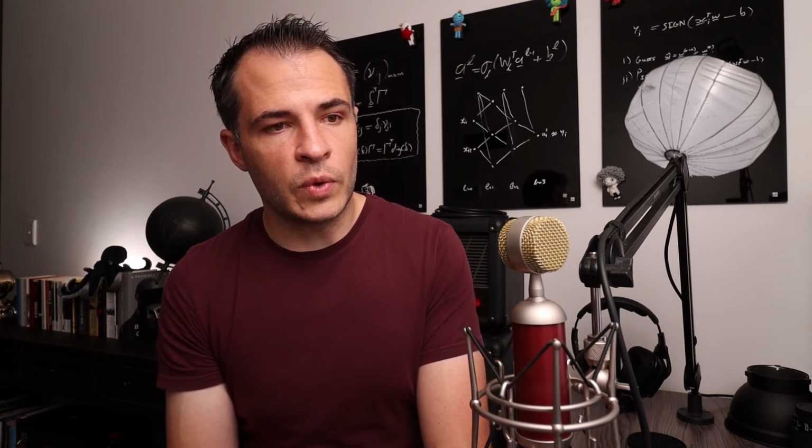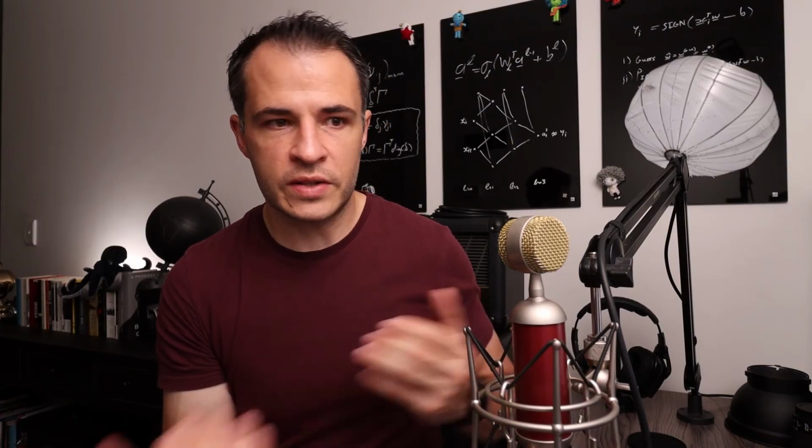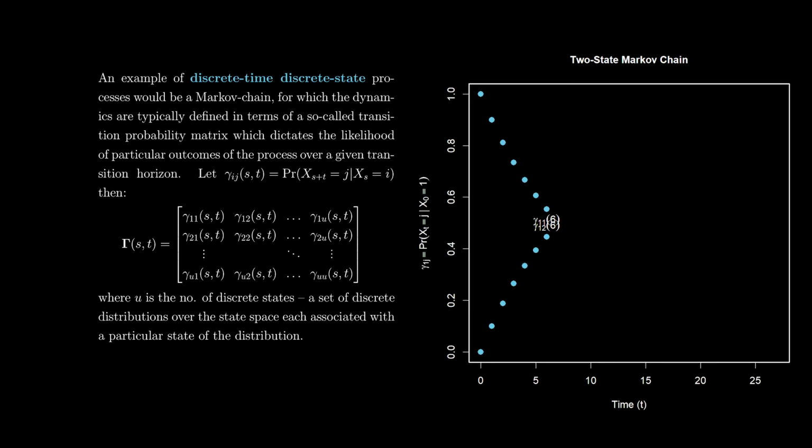So to give you a feel of what these objects represent, we can plot the transition distributions for the examples I've mentioned earlier. So in the case of a Markov chain, the distribution resembles a mass function, evolving systematically over discrete time steps. This gives us the probability of the process assuming one in a discrete set of states at discrete points in time, conditional on starting in a particular state at the outset.